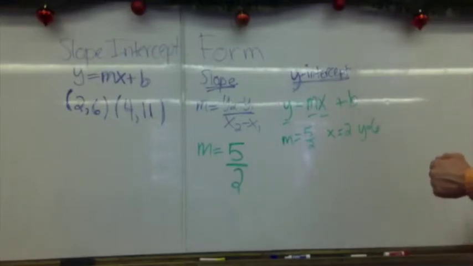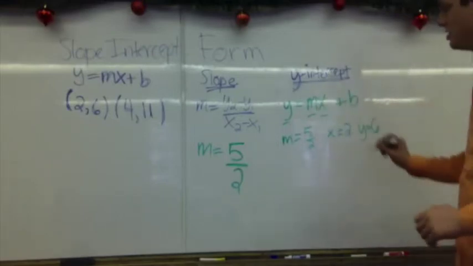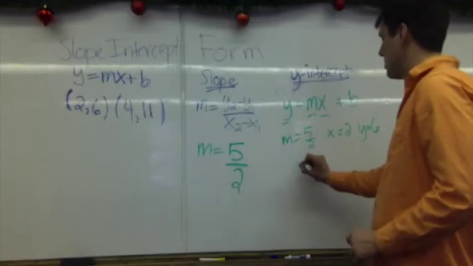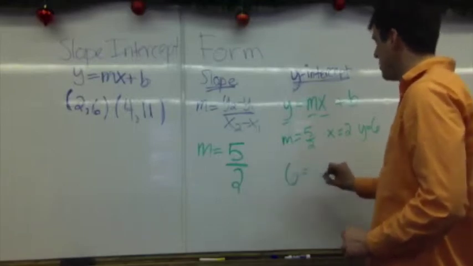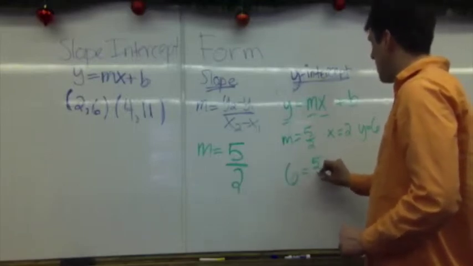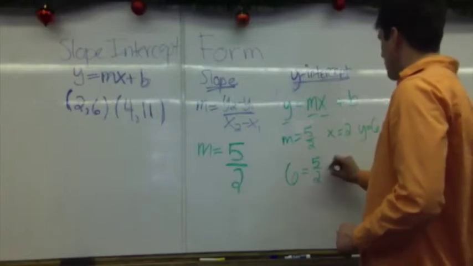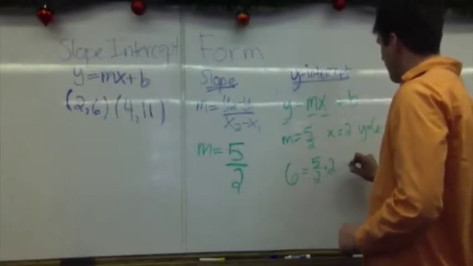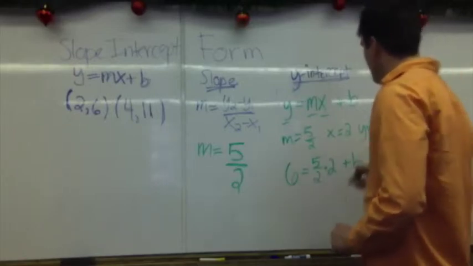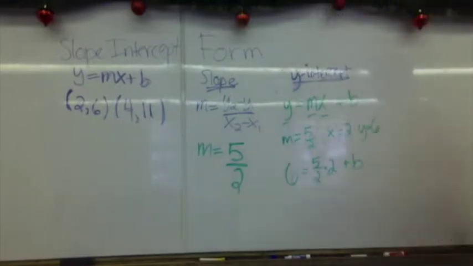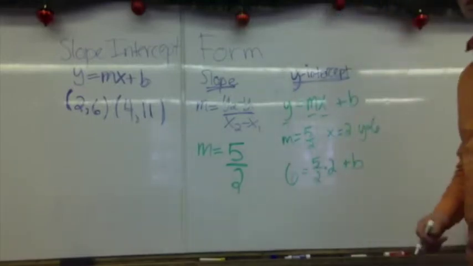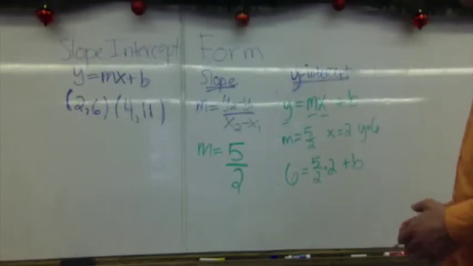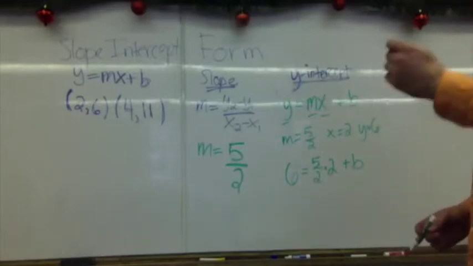We're going to plug those 3 values into this equation. So 6 equals 5 halves times 2 plus b. This is an algebra equation using the algebra rules that you have studied in Chapter 2 and Chapter 3.